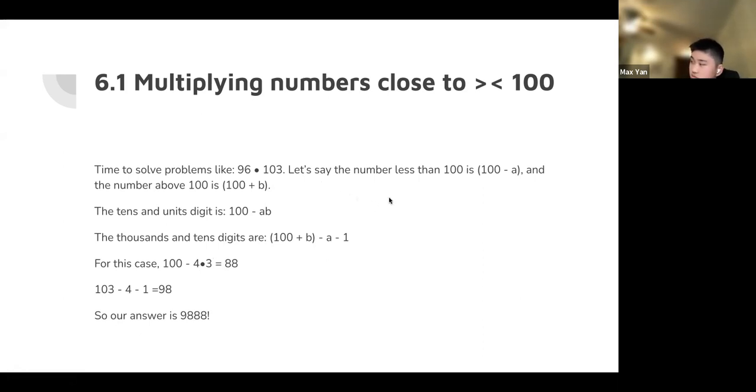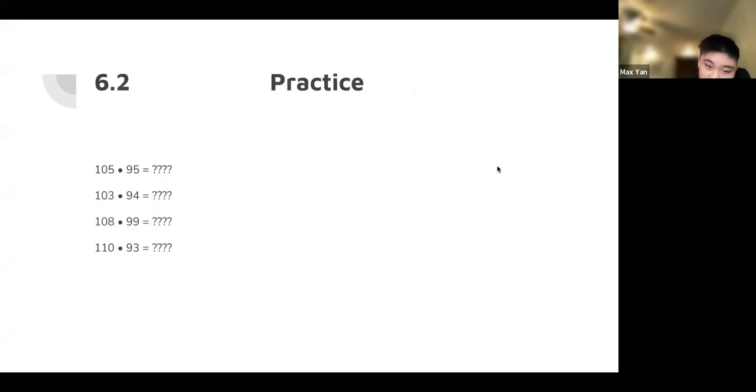Does anybody want me to go over how we get this formula? It's a little bit of FOIL. Okay, if not, then y'all can just go ahead and apply it: 105 times 95, 103 times 94, 108 times 99, and 110 times 93.